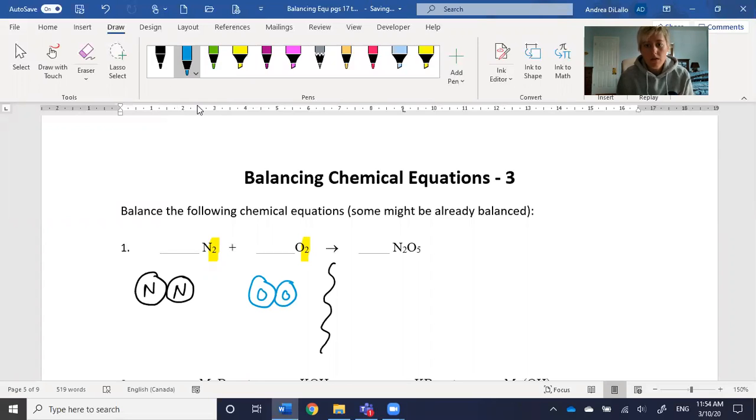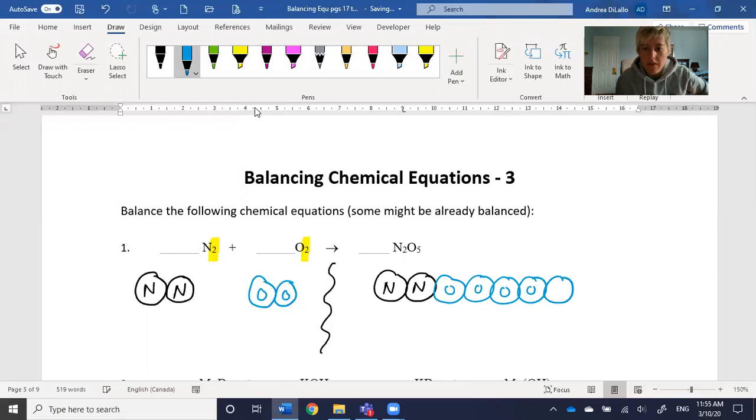And in this skeleton equation, so when we're talking about a skeleton equation, we're talking about an unbalanced chemical equation. I see that if I take nitrogen gas and I react it with oxygen gas, I could make dinitrogen pentoxide, so N2O5. So that would be 2 nitrogens bonded to 1, 2, 3, 4, 5 oxygens.